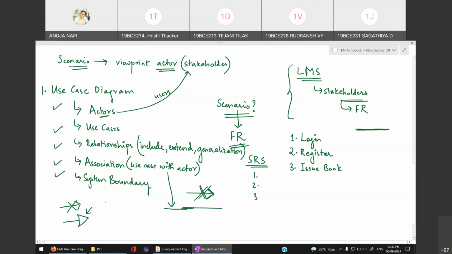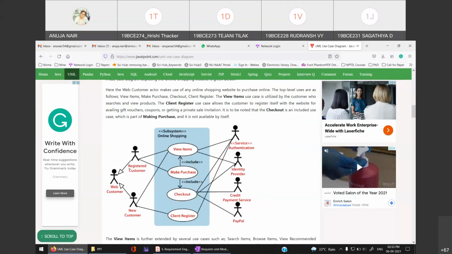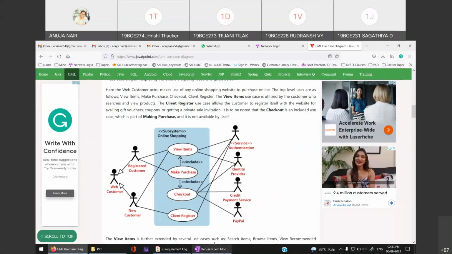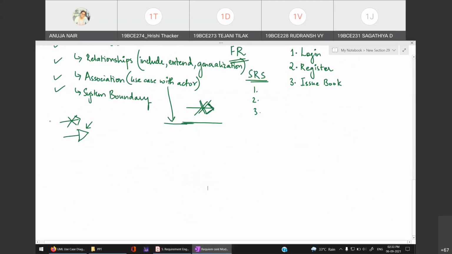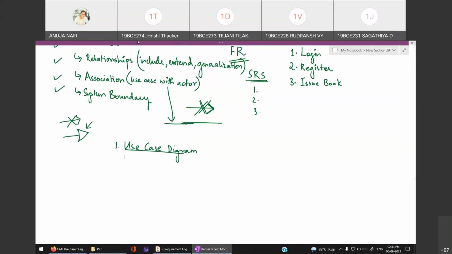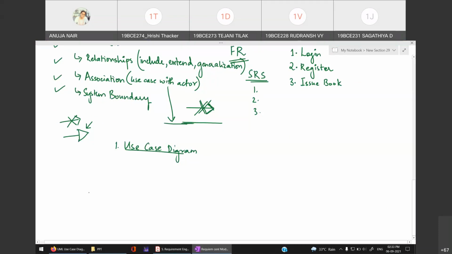Okay. Now, when I say that I have to create a use case diagram, please understand that there is not only one use case diagram. Use case diagrams are multiple. Now, what you have to do is, let's say there is one main use case diagram.